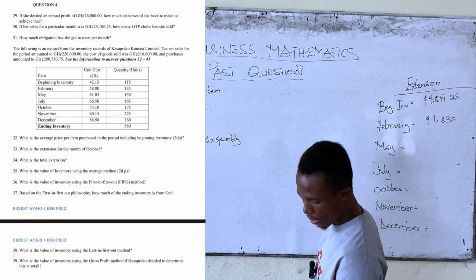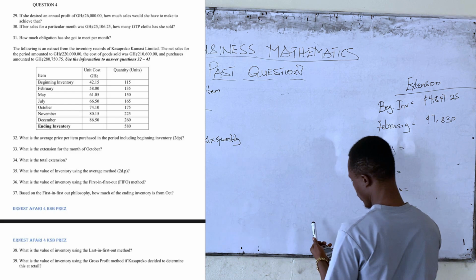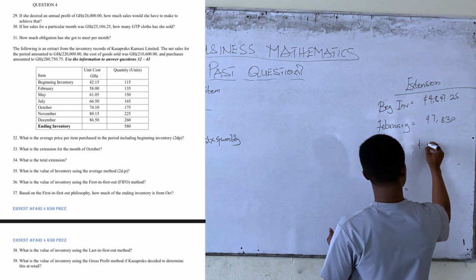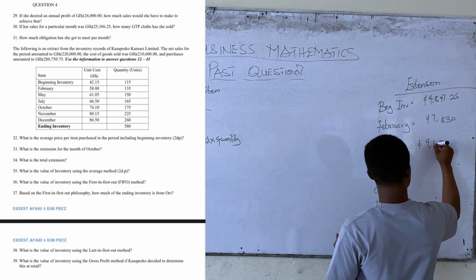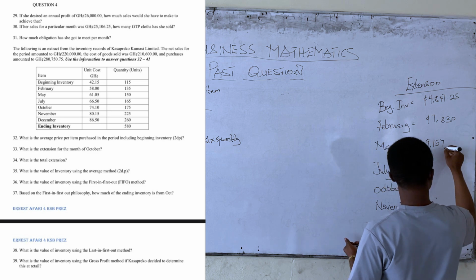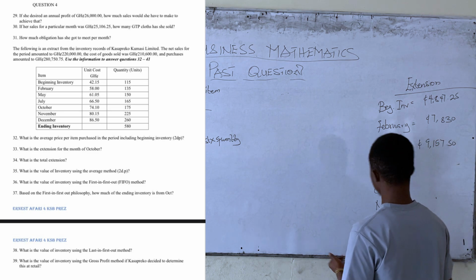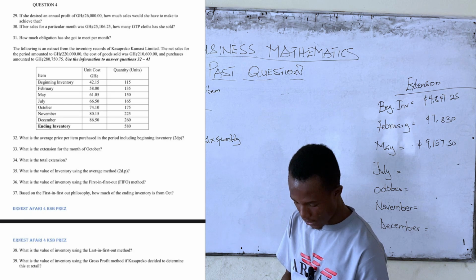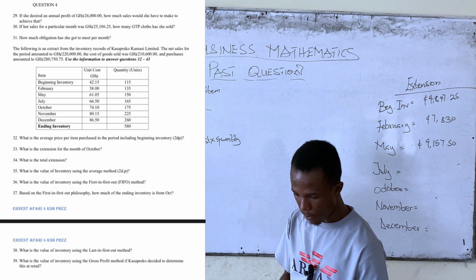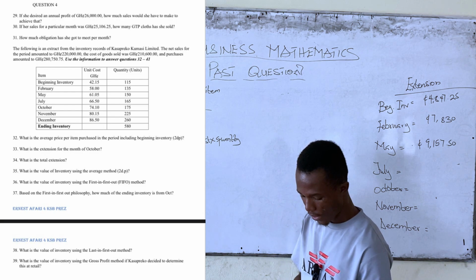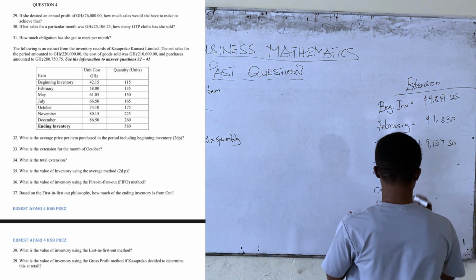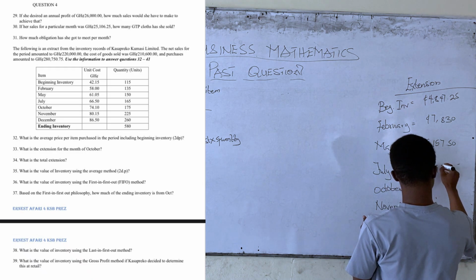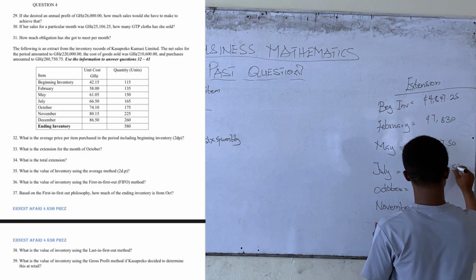Then for May, it is 61.05 times 150, and that one is also giving us 9,157.50. Then we move on to July, 66.50 multiplied by 165, giving us 10,972.50.